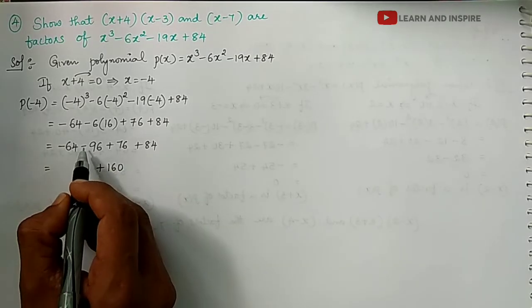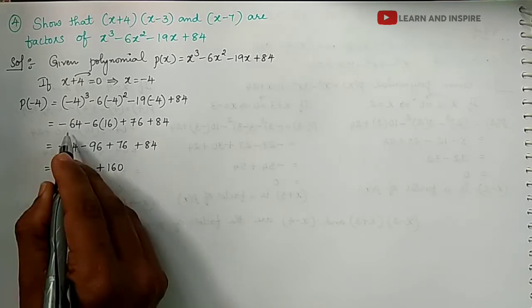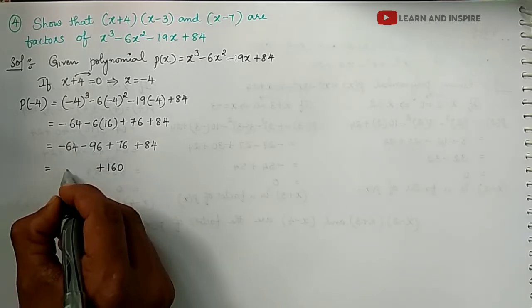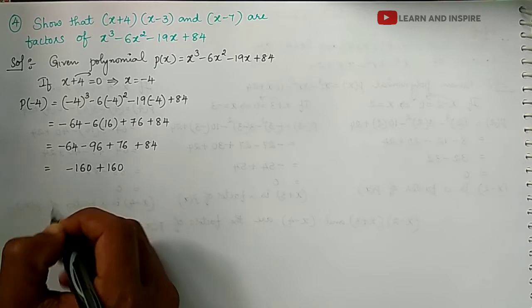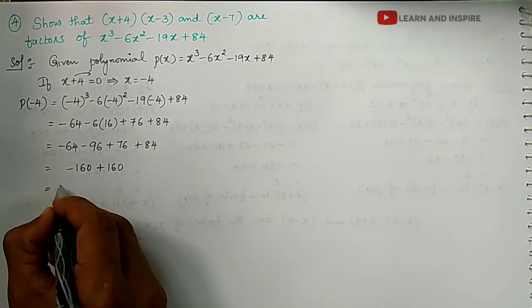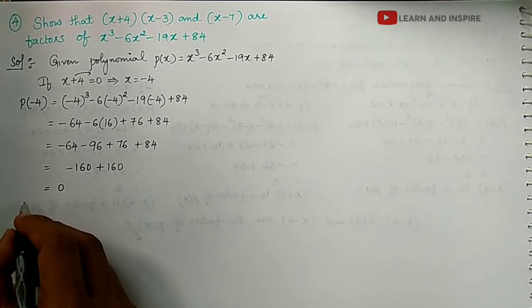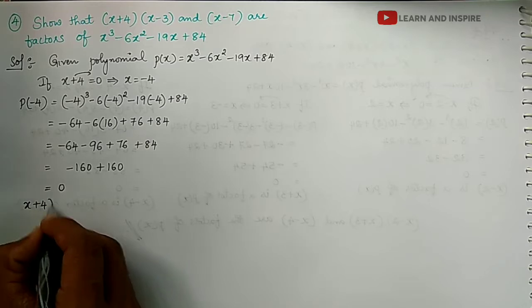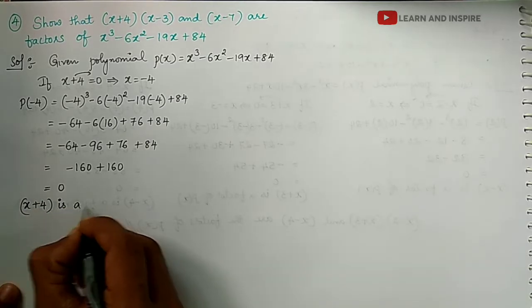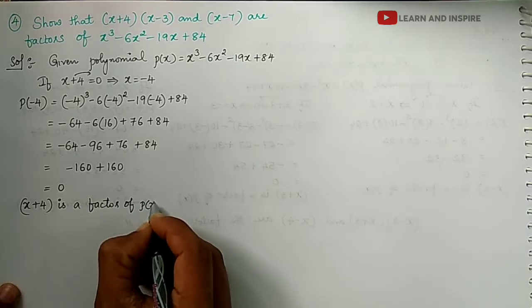Now minus 64 minus 96. 4 plus 6 is 10 and we get this as minus 160. Okay, minus 160 plus 160 equals 0. So here the remainder is 0. So from this we can say x plus 4 is a factor of p of x.